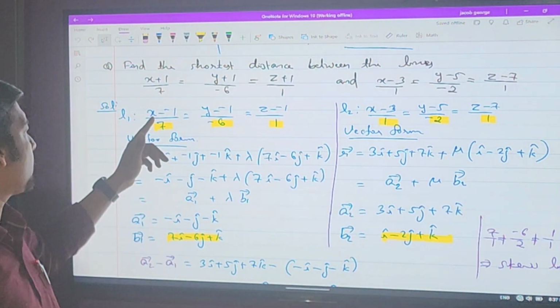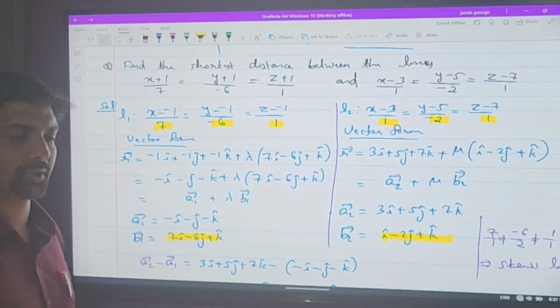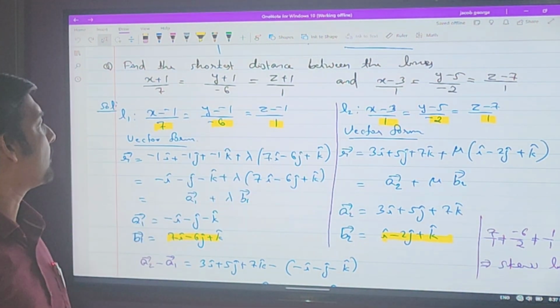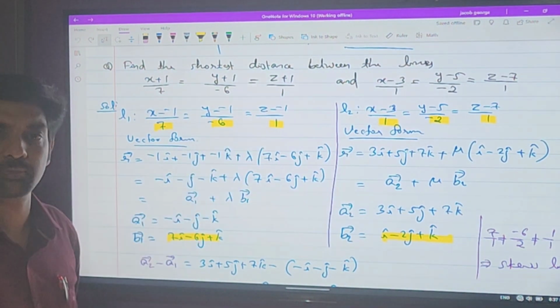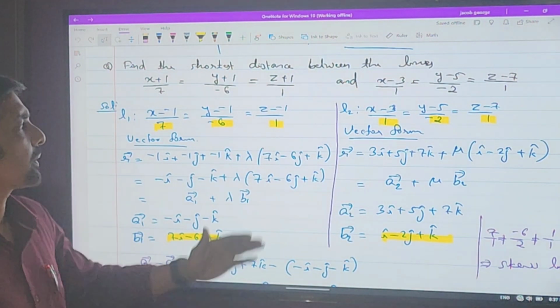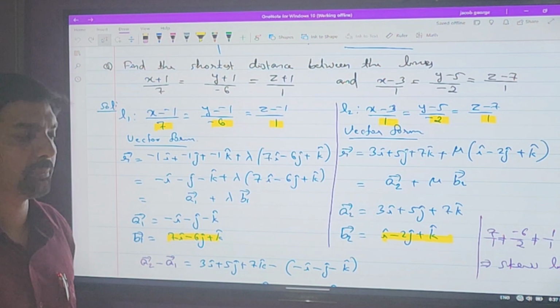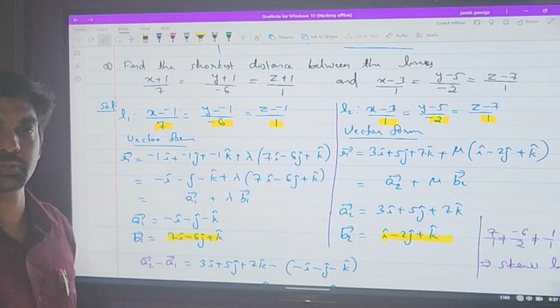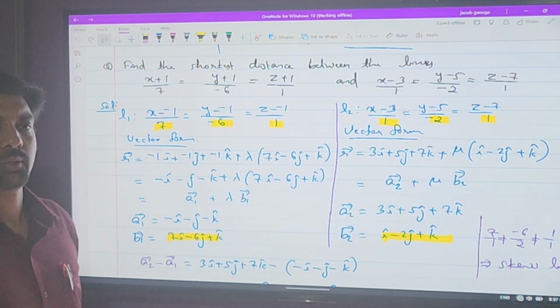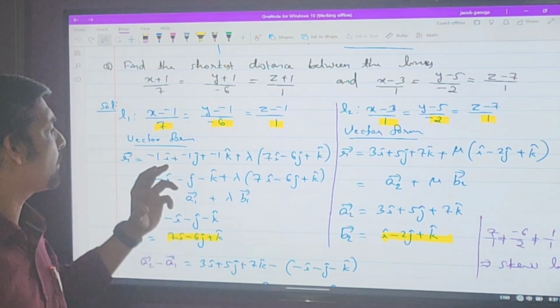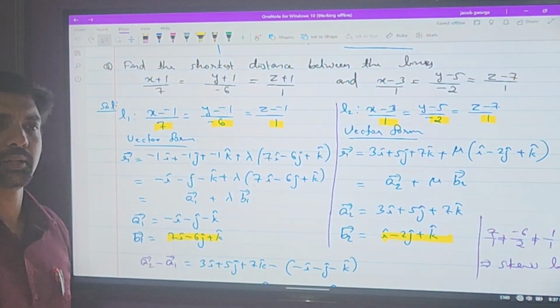So to write that form, x minus minus 1 by 7 is equal to y minus minus 1 by minus 6 is equal to z minus minus 1 by 1. X minus 3 by 1 is equal to y minus 5 by minus 2 is equal to z minus 7 by 1. So we don't have to use a separate formula for Cartesian form. The same vector form formula can be used.